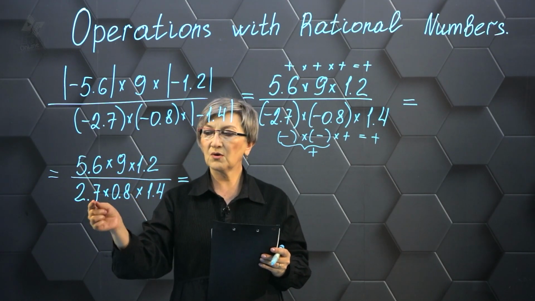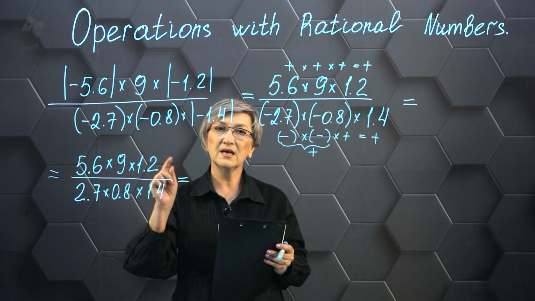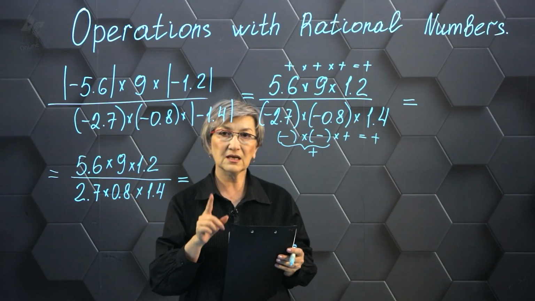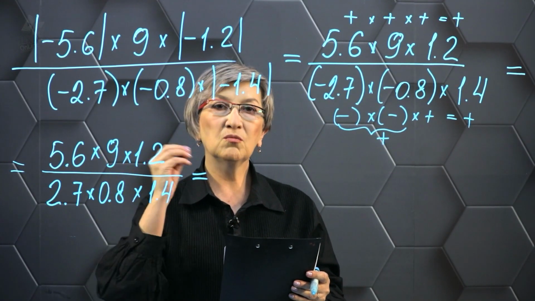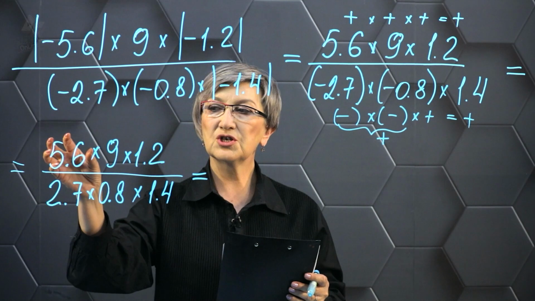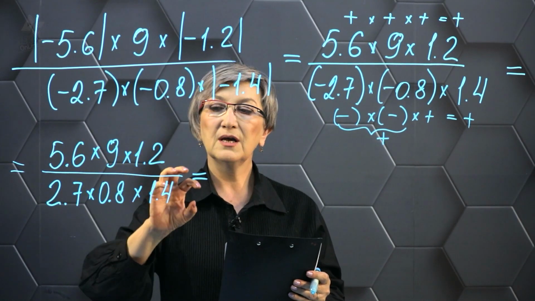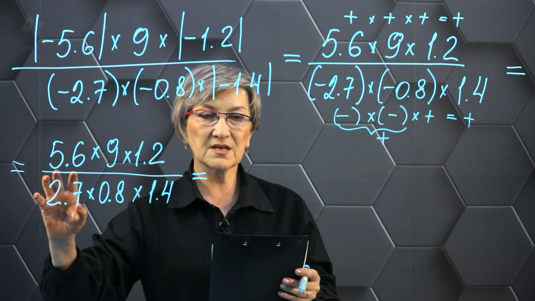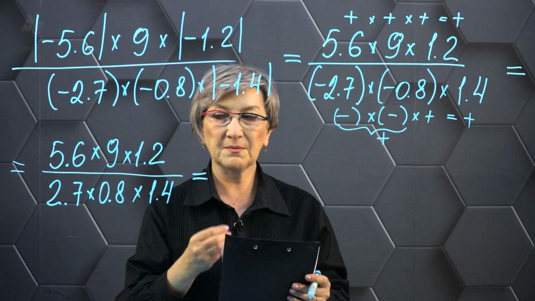And in the denominator, I can also multiply the numbers 2.7 by 0.8 and 1.4. We can multiply the numbers in the numerator to each other and multiply the numbers in the denominator to each other. But let's solve this example in a simpler way.